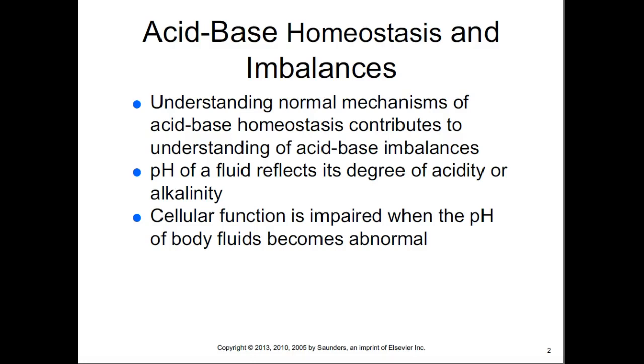For example, if you increase carbon dioxide in the blood, remember these are reversible reactions, it's going to shift to increase your hydrogen ion concentration. A higher hydrogen ion concentration means you become more acidic, so your pH goes lower. Now you have a respiratory acidosis.